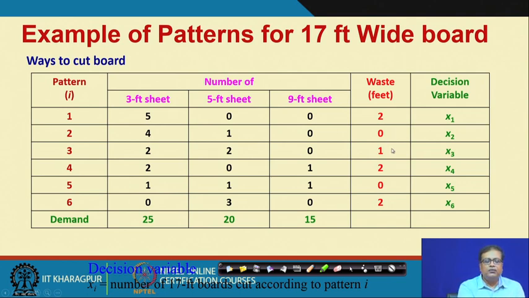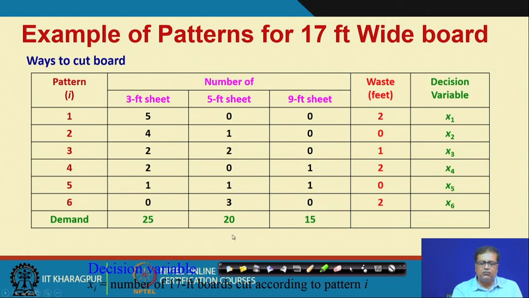Let us say we use this pattern x1 times. Another pattern could be 4 3 feet and 1 5 feet, then there is no waste. Then 2 3 feet and 2 5 feet, that also is possible, in that case waste is 1. Then 2 3 feet and 1 9 feet, again waste is 2, and so on. Is it all right?